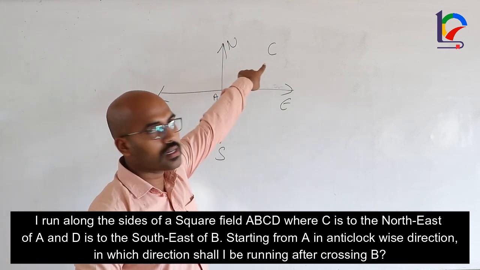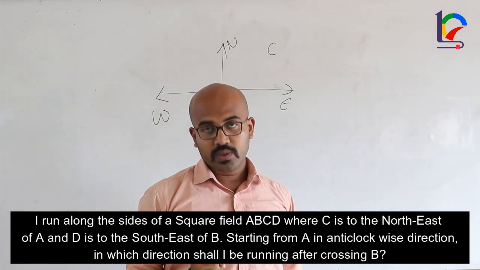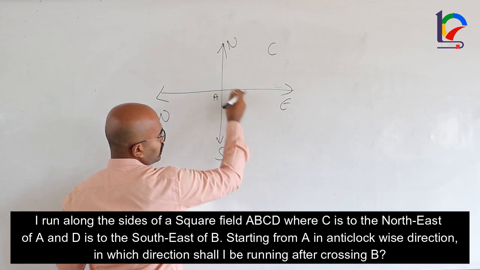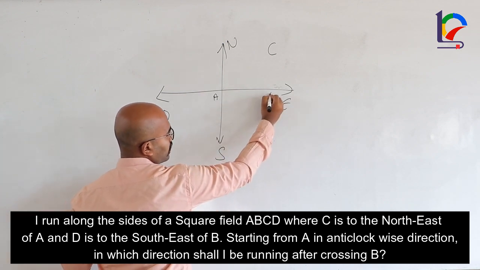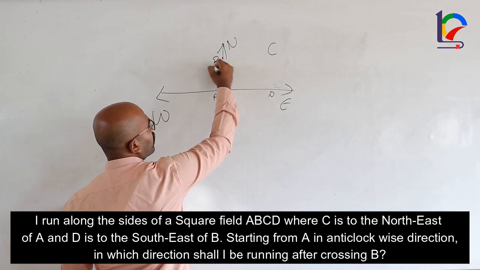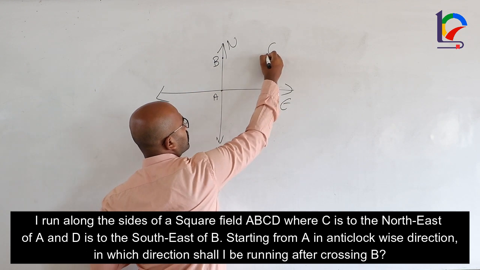D is to the southeast of B. So this is A, this is C.